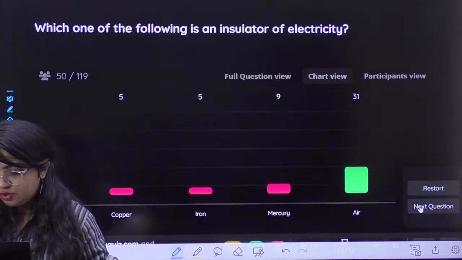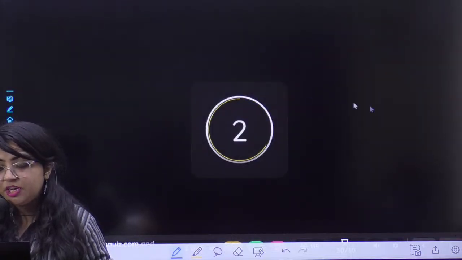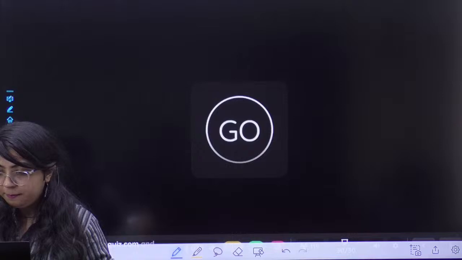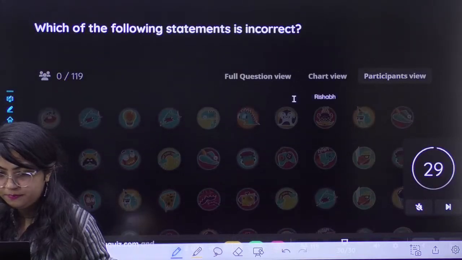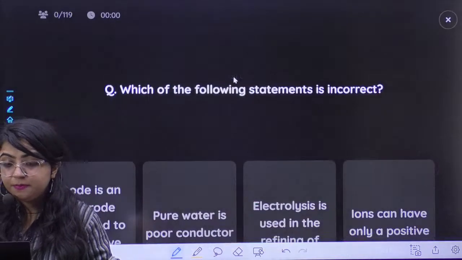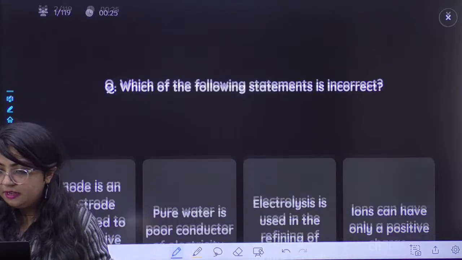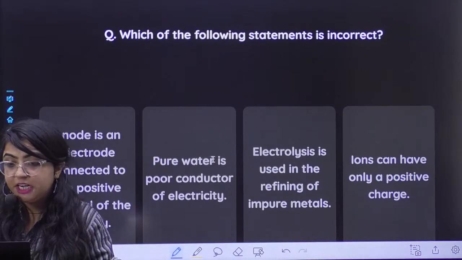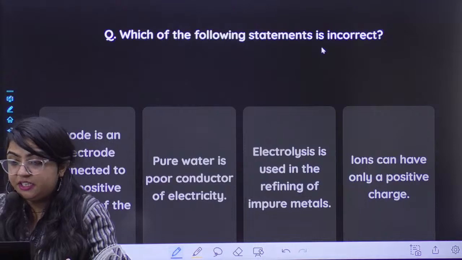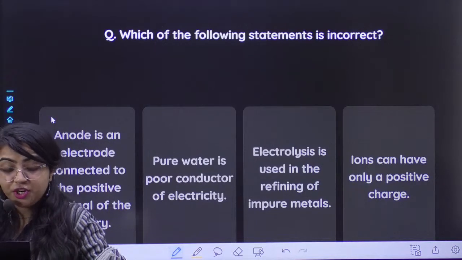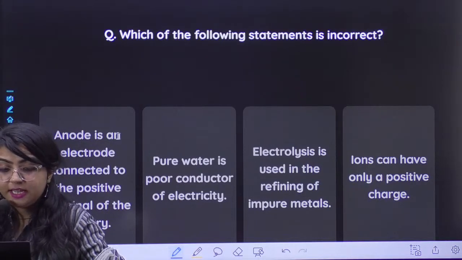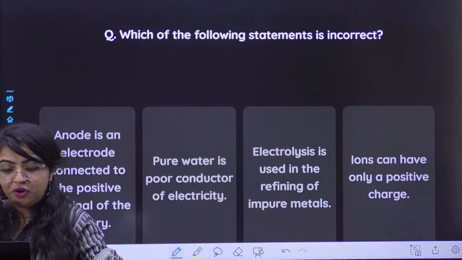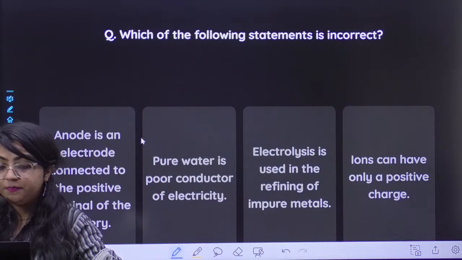Now the last question. Please read the question carefully. It says, which of the following is incorrect? Out of the 4 given statements, please find the incorrect statement. Option A, anode is an electrode connected to the positive terminal of the battery.